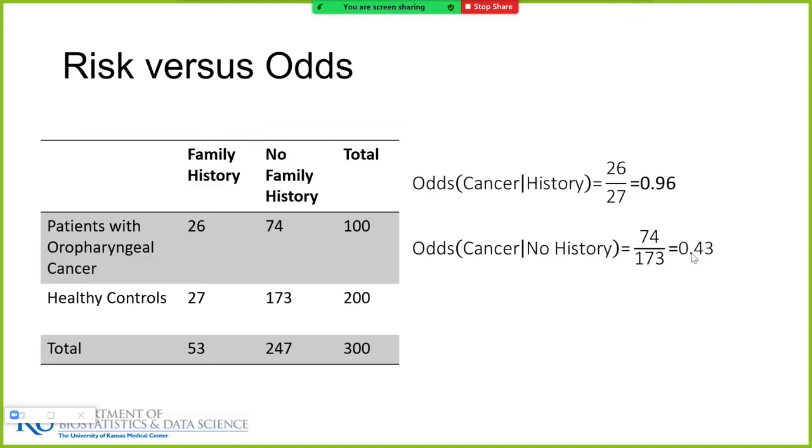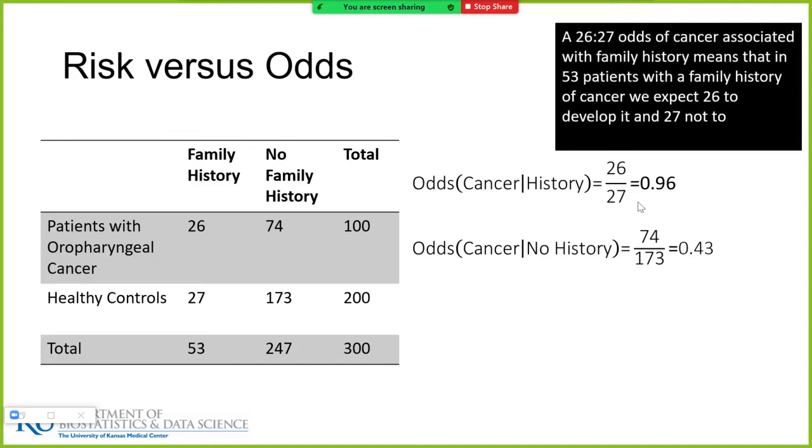Notice the interpretation here, this 26 to 27 odds in those with a family history of cancer, that it basically indicates that in 53 patients with a family history of cancer, we would expect 26 of them to develop it and 27 not to. So it's almost a coin flip, right, if you have a family history.